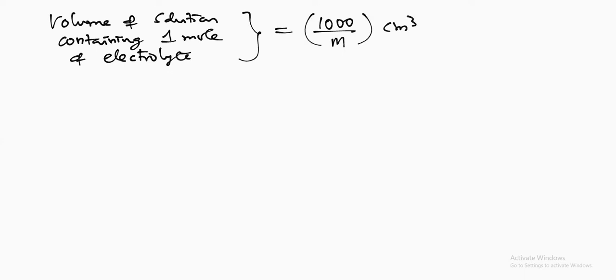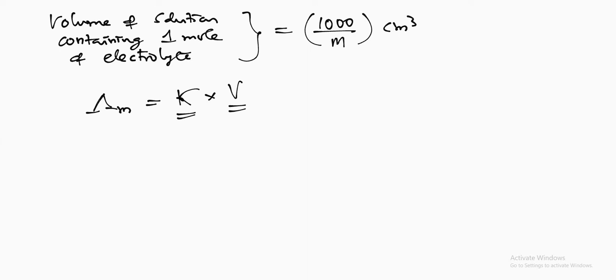This is the volume of the solution containing 1 mole of electrolyte. And what is molar conductance? As I told you before, molar conductance is nothing but kappa into the volume of the solution containing 1 mole of electrolyte. Correct, student? Kappa into volume of the solution containing 1 mole of electrolyte.